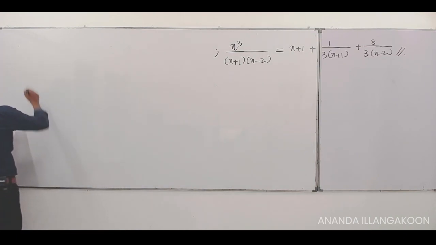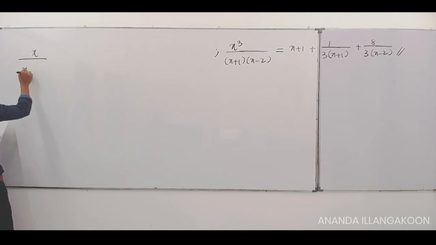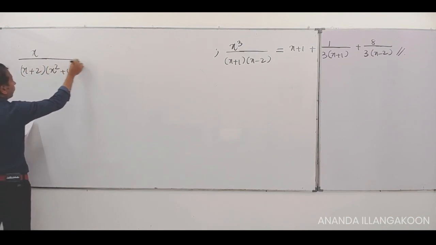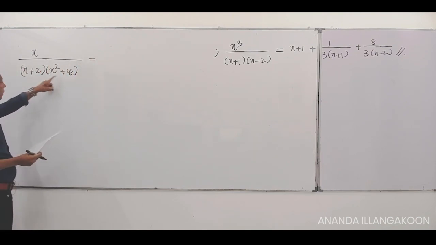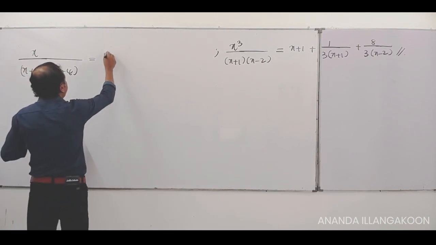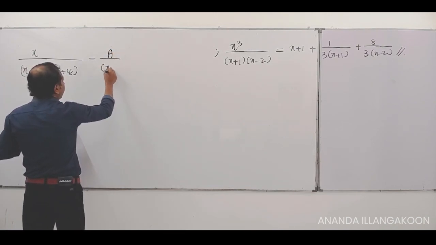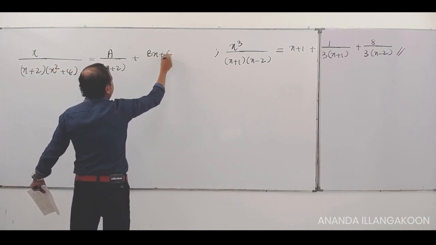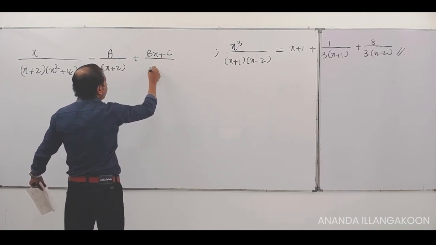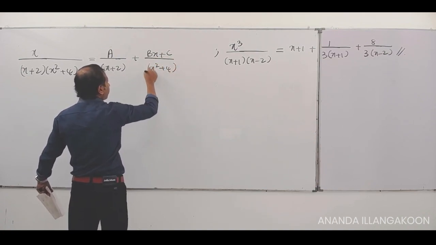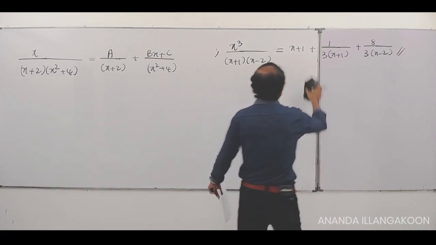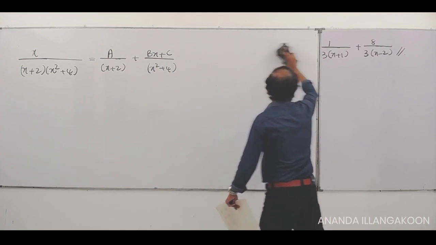Here we have a linear factor, here a quadratic. Then we must write a over x plus 2, plus bx plus c over x squared plus 4. This way we write the partial fractions.